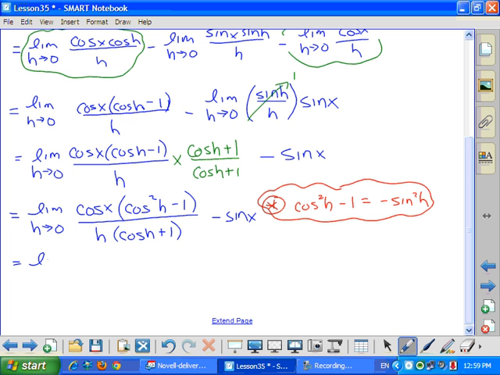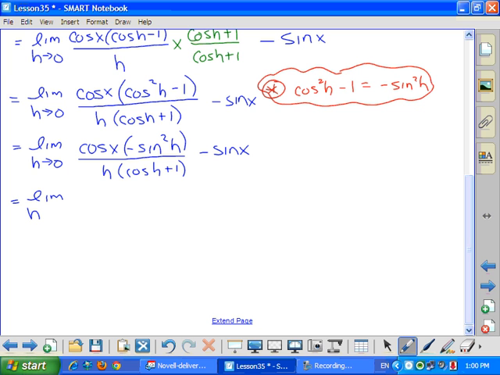The limit as h approaches 0 of cos x minus sine squared h over h times cos h plus 1, minus the sine x.